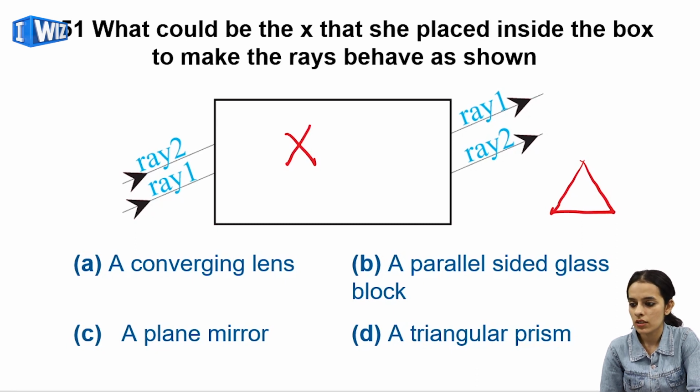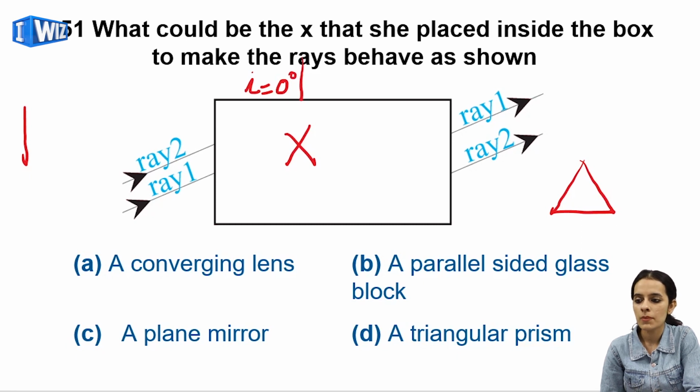I will tell you the quality of a parallel sided glass block. First of all, we can see the opposite sides are parallel to each other. When any ray of light strikes perpendicularly, like this perpendicular ray, the angle of incidence is 0 degree.